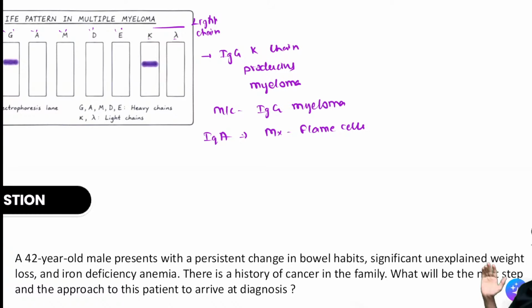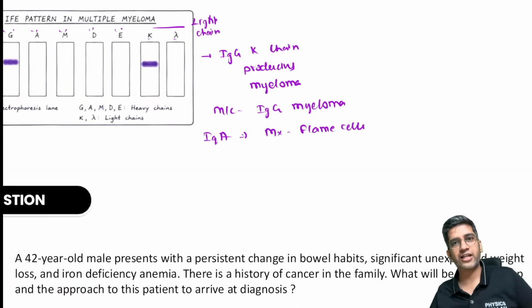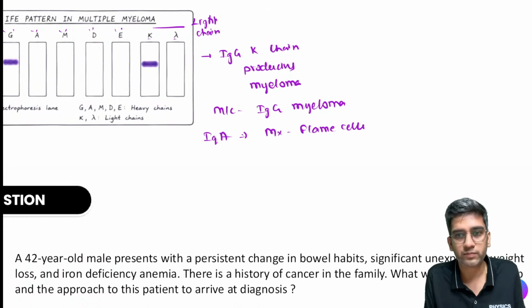A 42-year-old, persistent change in bowel habits, significant unexplained weight loss, iron deficiency anemia, there's a history of cancer in the family, though it does not explain what it is. What's the next step you will do and how will you approach this patient for arriving at the diagnosis? We have discussed the exact scenario in our classroom. So tell me what will be the next step you will do.